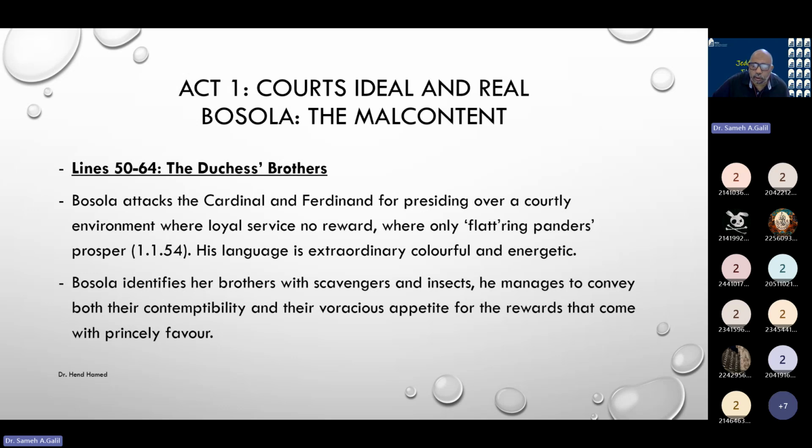So his language is extraordinary, colorful, and energetic. Bussola, because of his verbal invectiveness, because of the power of his speeches and language, uses very powerful images. Bussola identifies the brothers of the Duchess with scavengers and insects. He manages to convey both their contemptibility and their voracious appetite for the rewards that come with princely favor.